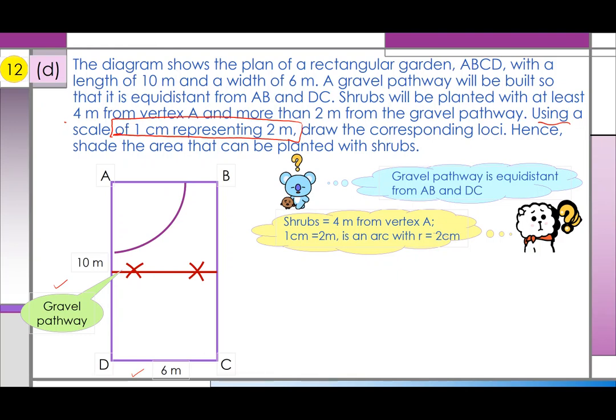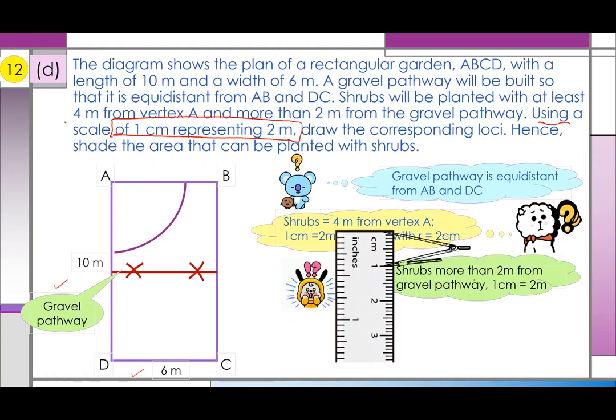Draw the corresponding locus, hence shade the area that can be planted with shrubs. Okay, 所以呢，在这里你要看，它一定要4 meter from here. The plant must be more than 4 meter. But we have another condition.